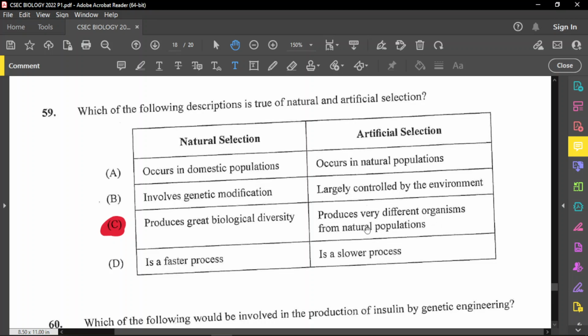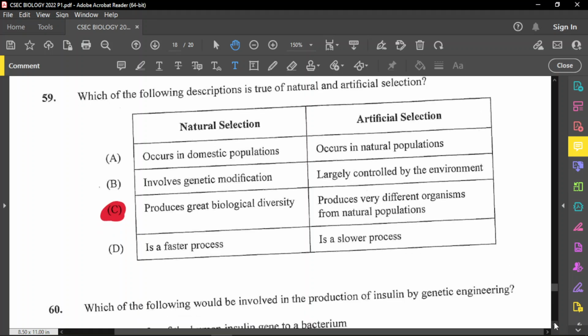It will be a change from what the natural population is, but for natural selection, a typical example is the giraffe situation. We have the long neck, short neck, medium neck, and so over time, what you will have here is only long neck. So that's natural selection. The fittest will survive. All right. So definitely, that will be the answer. C, right there, will be the answer.